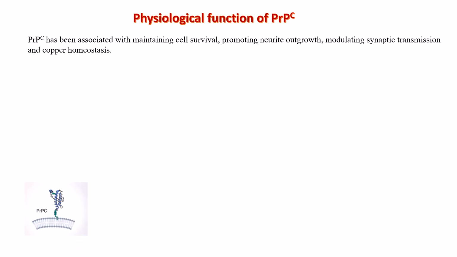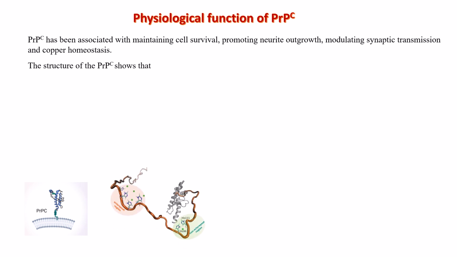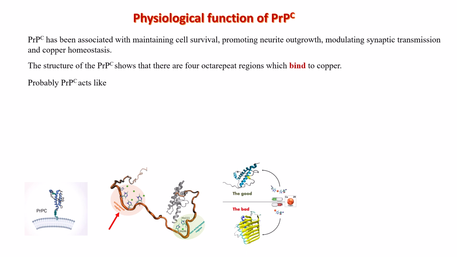It is a well-known fact that copper imbalance causes dysfunction of the central nervous system. The structure of PRP-C shows that there are 4 octarepeat regions which bind to copper. Probably, PRP-C acts like a copper transporter which maintains a balance of copper inside the cell.